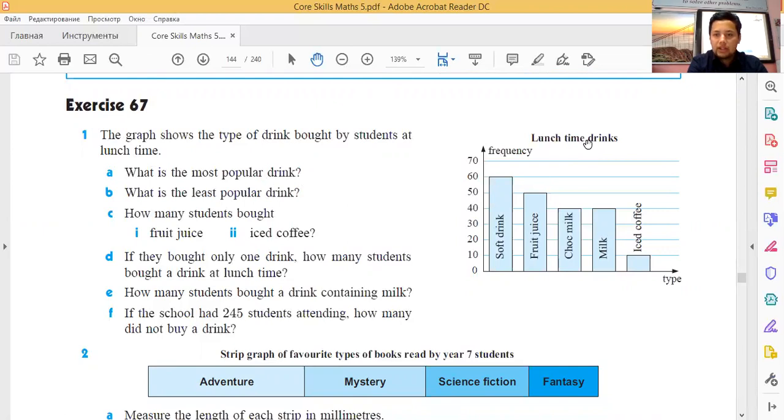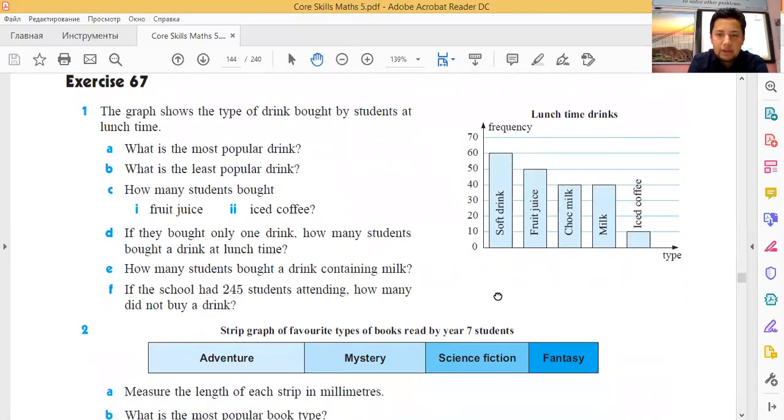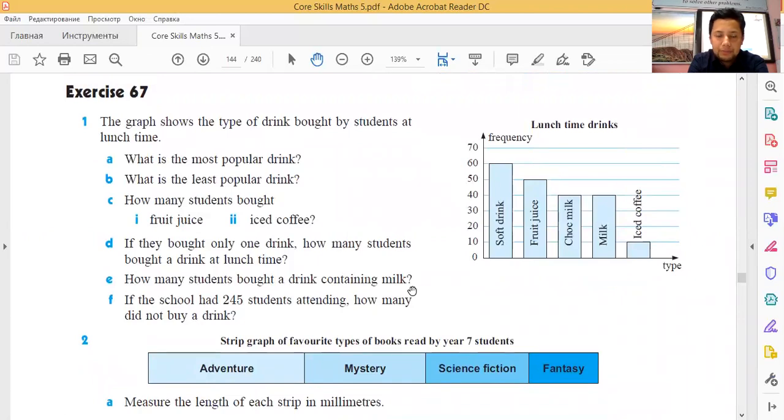Here is the title, lunchtime drinks, and frequency, the amount of students. Here, type of food. I'm going to show some of these questions and you will do the rest by yourself at home. It is on page 144. Let me show you some of them.